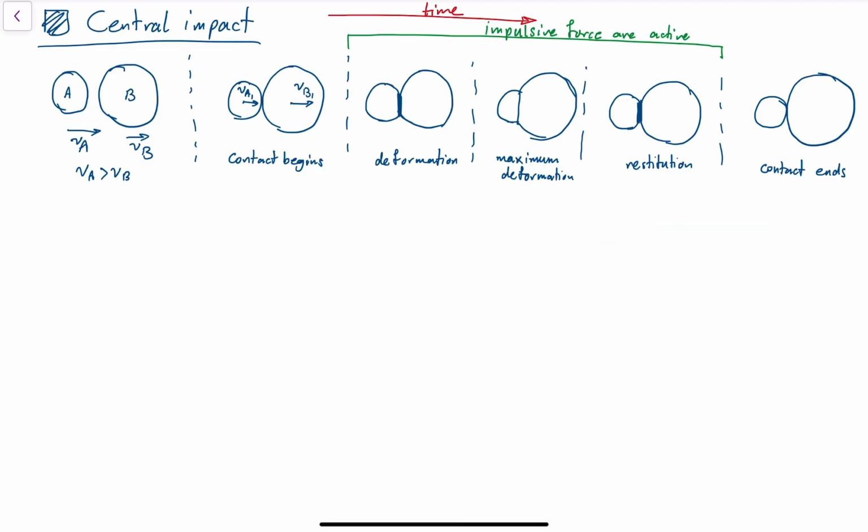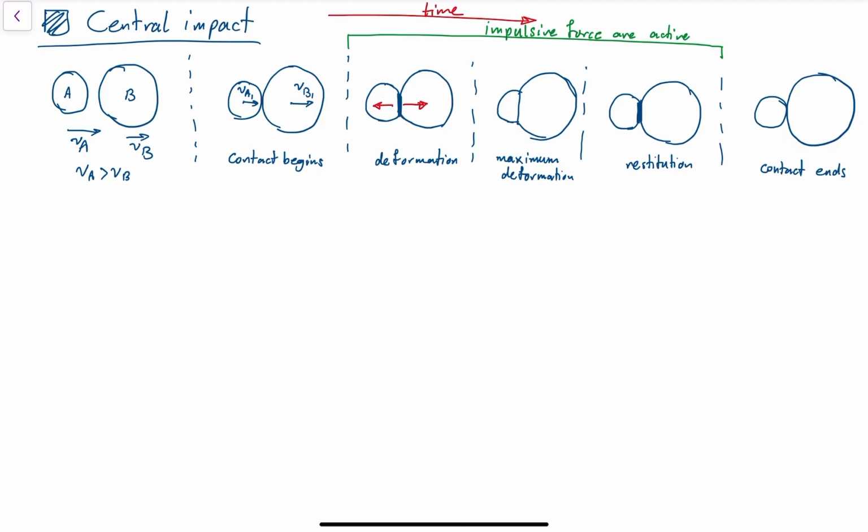Okay, let me explain what is happening during contact. As bodies start to make contact, because body A is going faster than body B, it starts to push into body B, and in reality the two bodies start to deform. Note that body A is pushing body B inward, and the reaction of body B is pushing body A back.